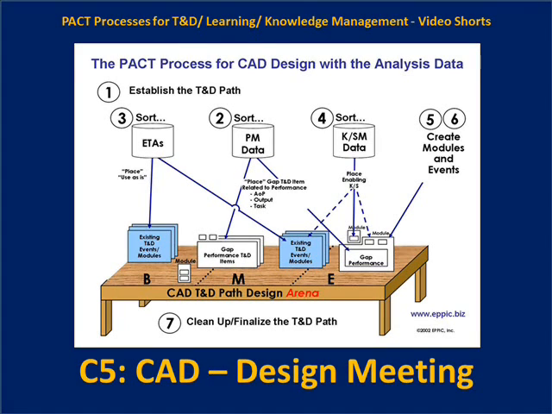Once all of that data, 20, 30, 40 pieces of performance data, dozens and dozens of existing training assessment data, and perhaps hundreds and hundreds of individual knowledge and skill items have been sorted onto the path appropriate to the performance that anchors it all, one can then begin to accumulate the content into modules. Starting at the beginning of the path, one would take the performance data, the enabling knowledge and skill data, and perhaps some existing training data and decide which of this is going to go into a chapter, a module.